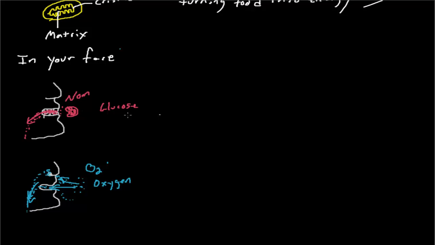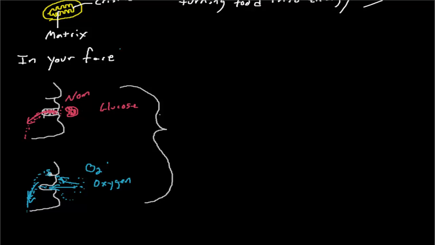Okay? So when you're doing cellular respiration, you're going to take in glucose, usually by eating food, right? And you're going to take in oxygen by breathing. And when you combine these two, what's going to happen in your mitochondria? Actually, part of it's going to happen in the cytoplasm of your cell, but then the majority of it's going to take place, hopefully, in your mitochondria.